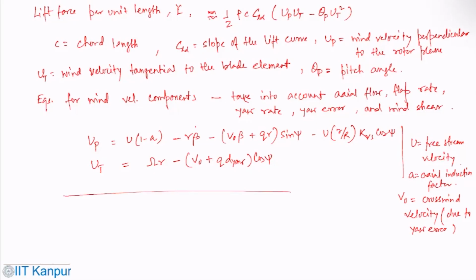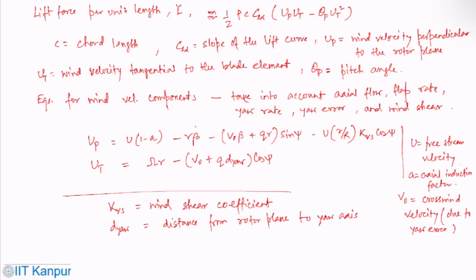We have K mu, which is wind shear coefficient. Then you have D yaw, which is the distance from rotor plane to your yaw axis.